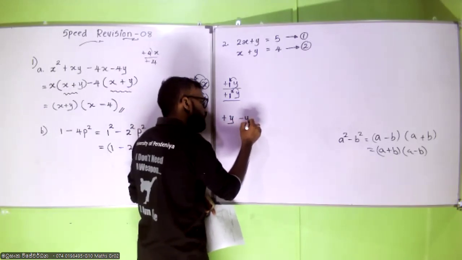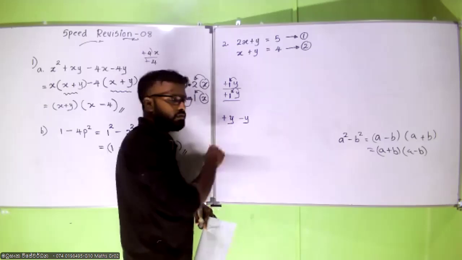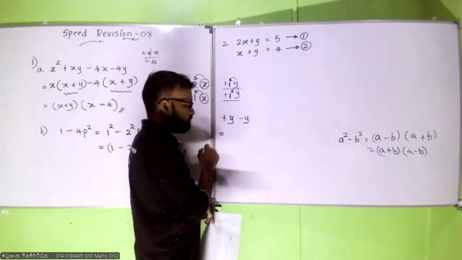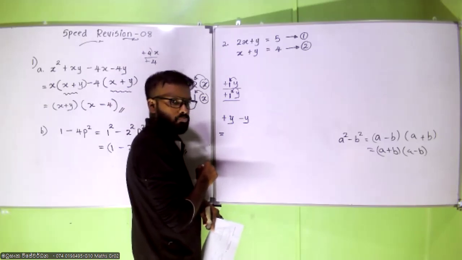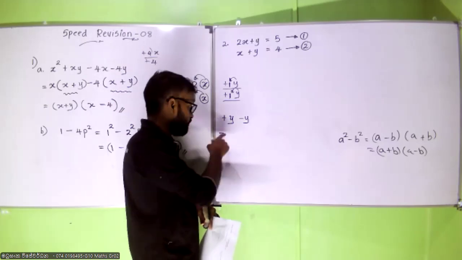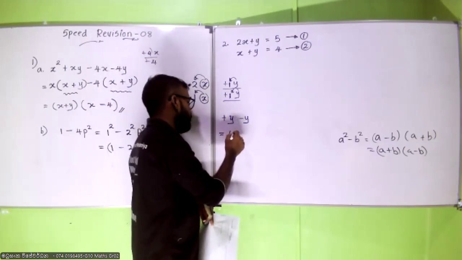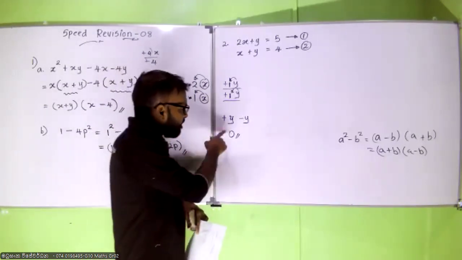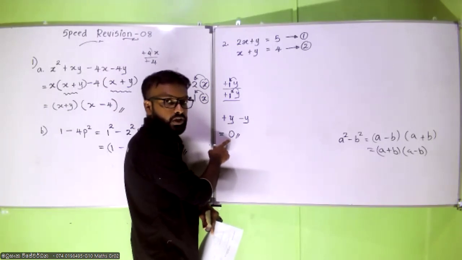plus y and minus y, what would be the value? Kevin? Plus y minus y. What is the value? Linuga, what is the value? 0. Super. Correct? If this happens, the value becomes 0.